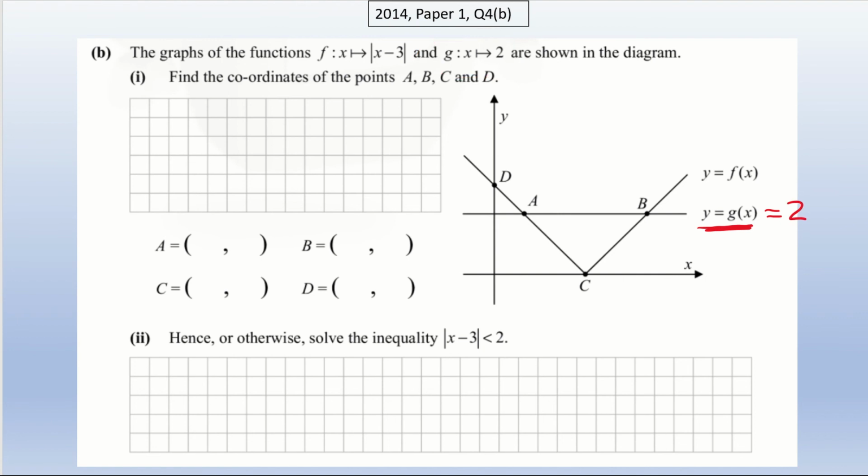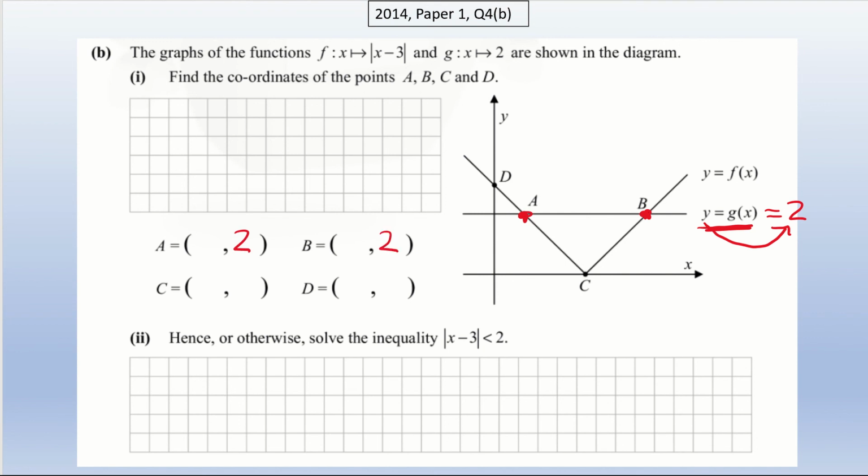So you know that your y here is equal to 2. So for points A and B, you know that the y part of those points is going to be the number 2. So let's put that in. For points A and B, the y parts are going to be 2, there and there.